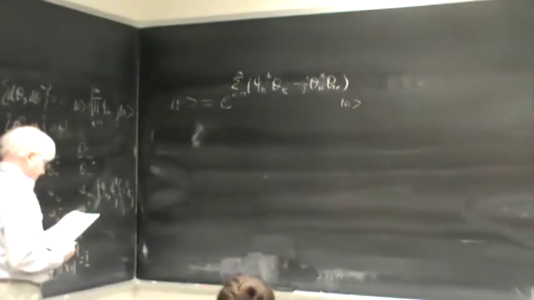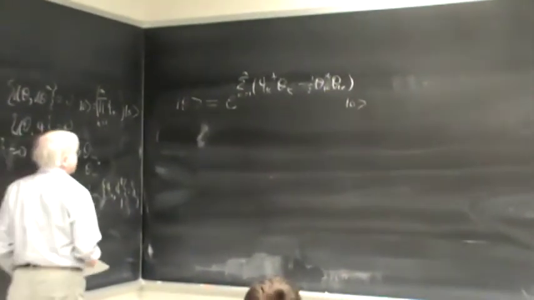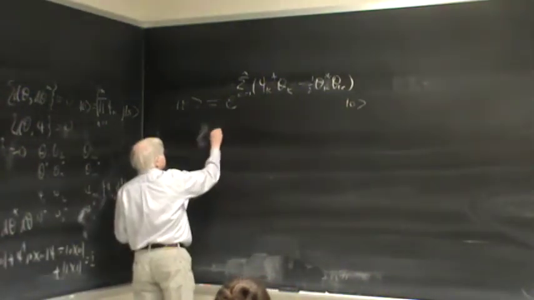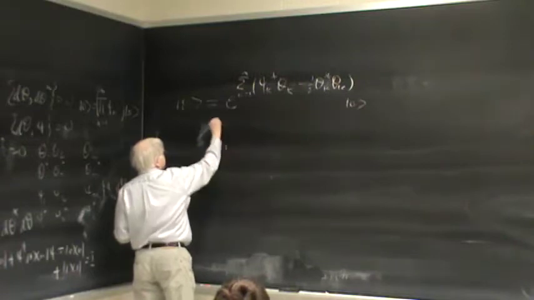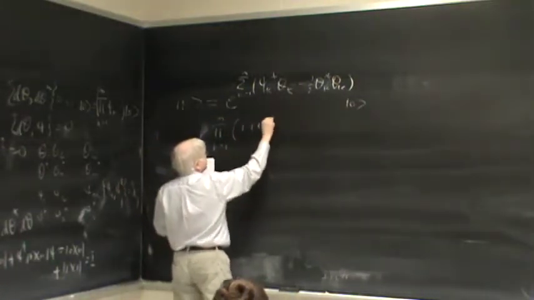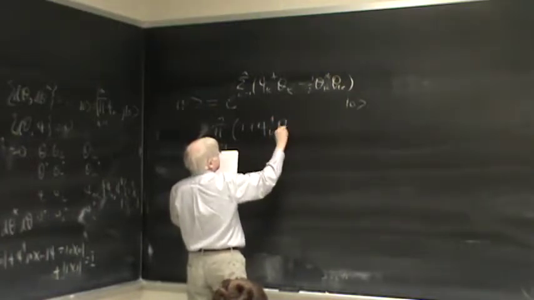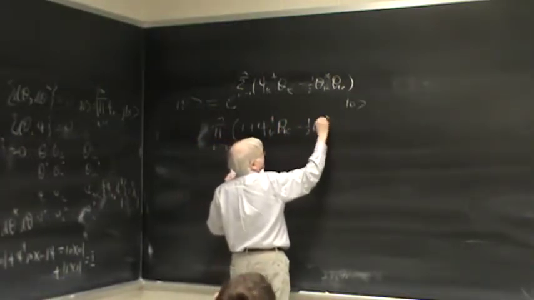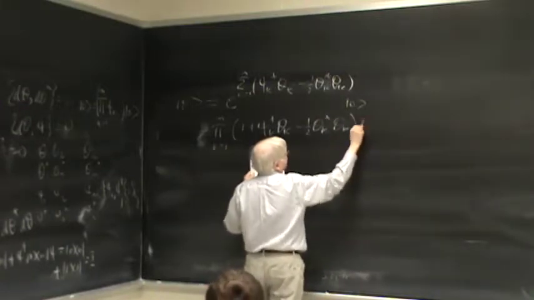All right. And of course we can multiply this out. We can say, well, this is just a product, k equals 1 to n, of 1 plus ψk† θk minus a half θk* θk on that.